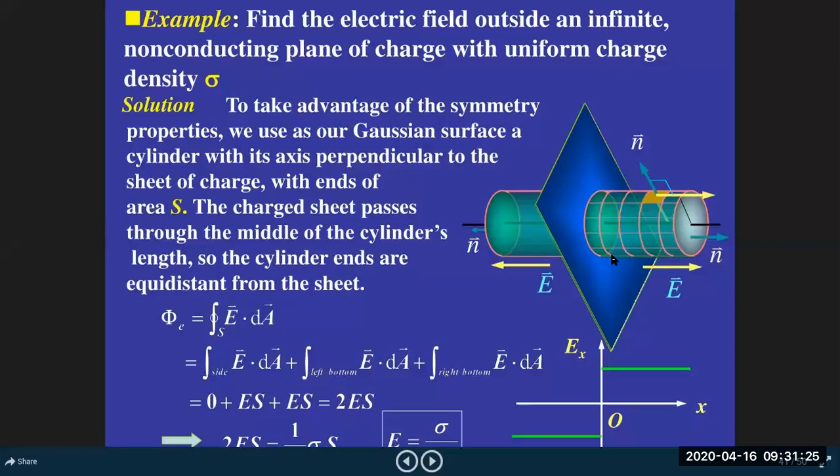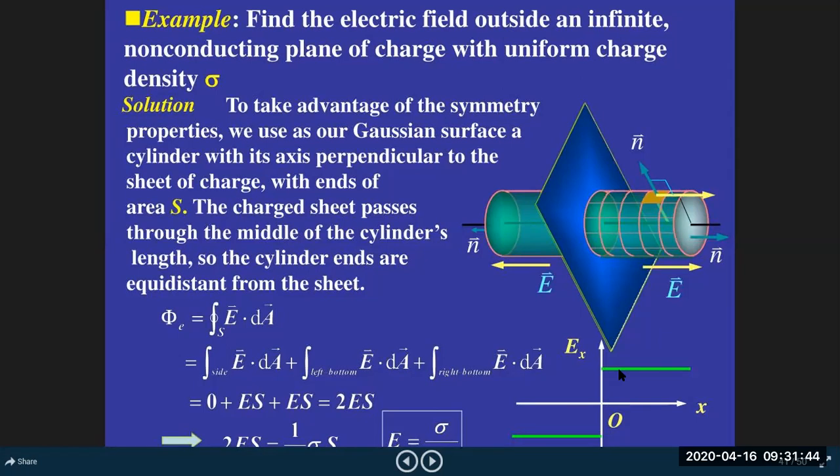So it means the electric field due to an infinite thin sheet is independent of the distance or position of the point where the electric field is to be determined. So this remains constant because the sheet is infinite. So when you move away and away and away, still the electric field remains the same.